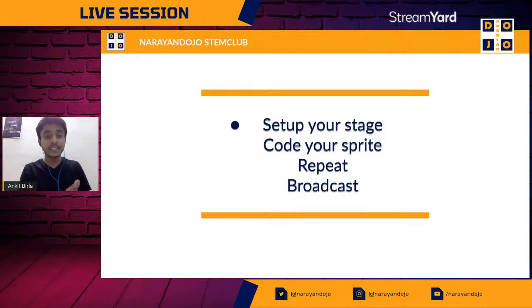And also we have seen how you can use the broadcast block for sending a message from one sprite to another sprite. If you missed the last session then no problem, just go to the channel and watch the last Sunday session to recover all of these things.